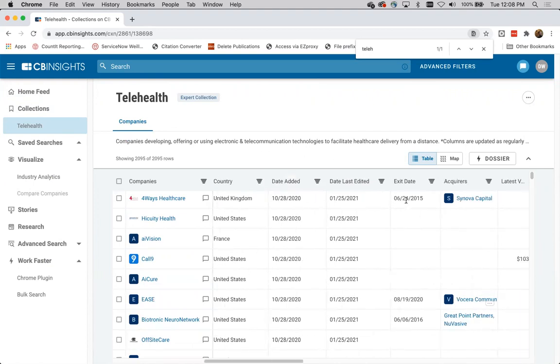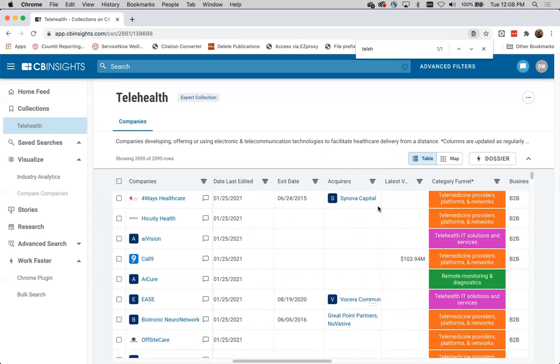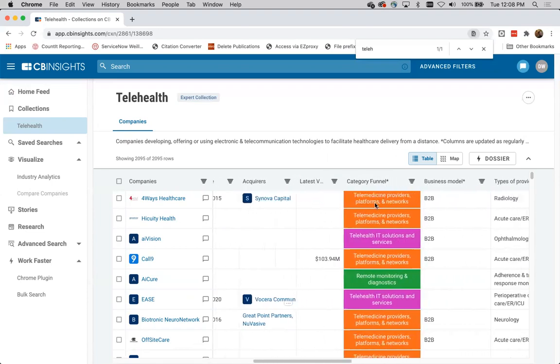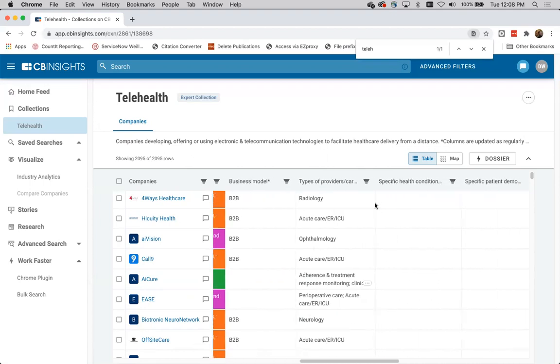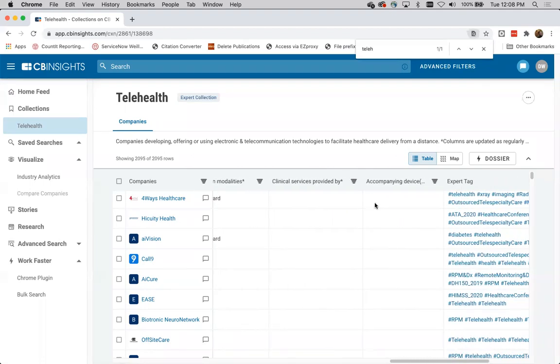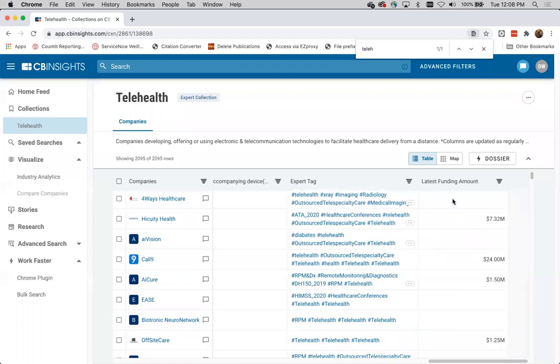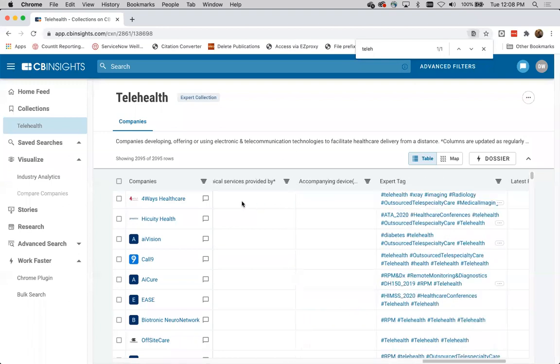If you're not familiar with exit date, for the purposes of CB Insights, that basically means they've been acquired or they have issued an IPO, and so now they're publicly traded. So now they're not necessarily going to be tracked by a tool like CB Insights anymore. If they've been acquired, you can see who's acquired them, things that you might find helpful when looking at potential companies or investors.